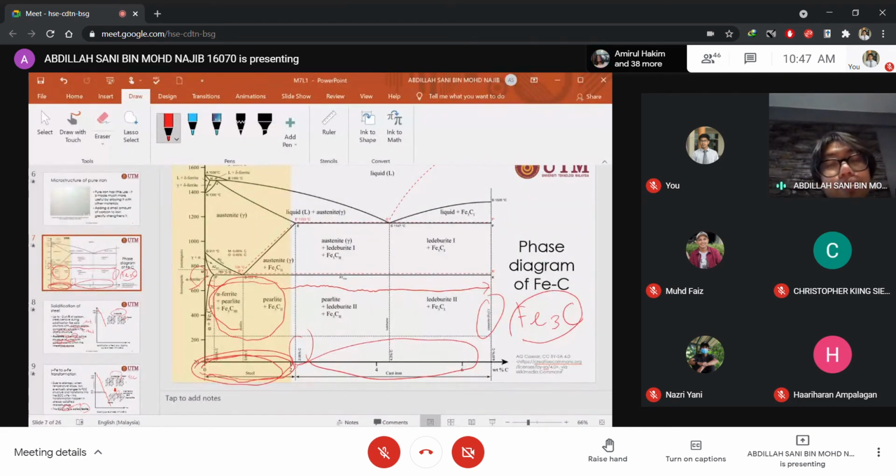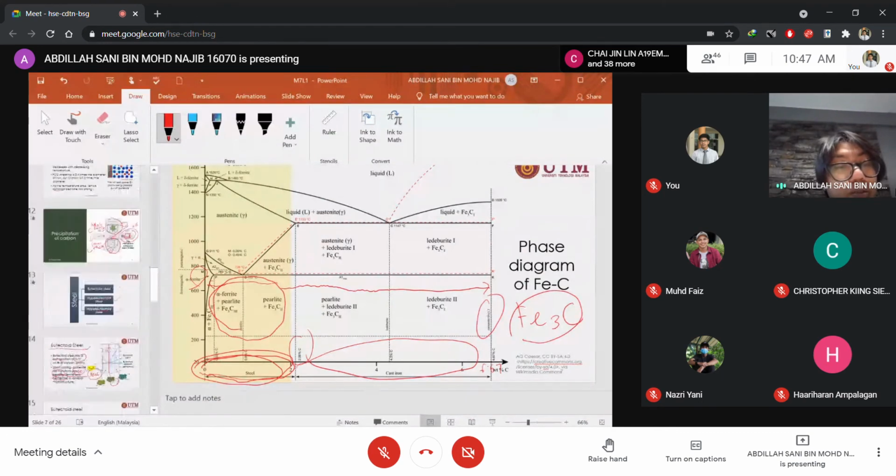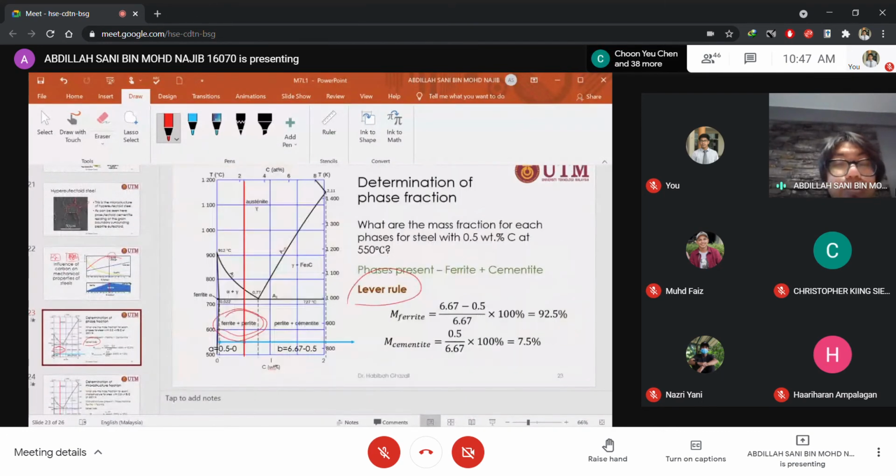So you use the lever rule. You check, this is actually 6.67. What you have to do is go from zero to the cementite line, which is 6.67. If we want to know how much is the ferrite, we take the other way around.